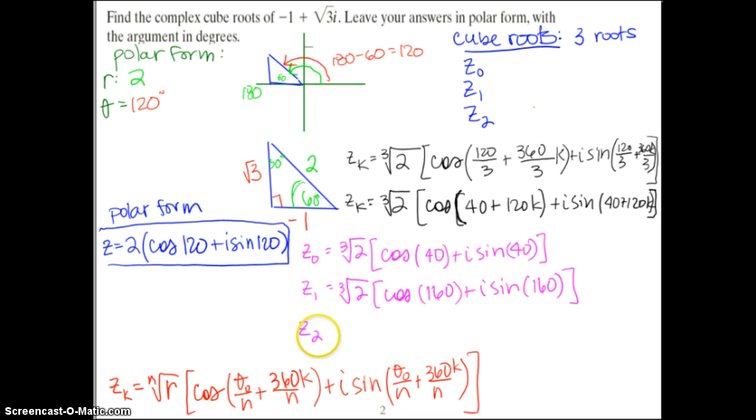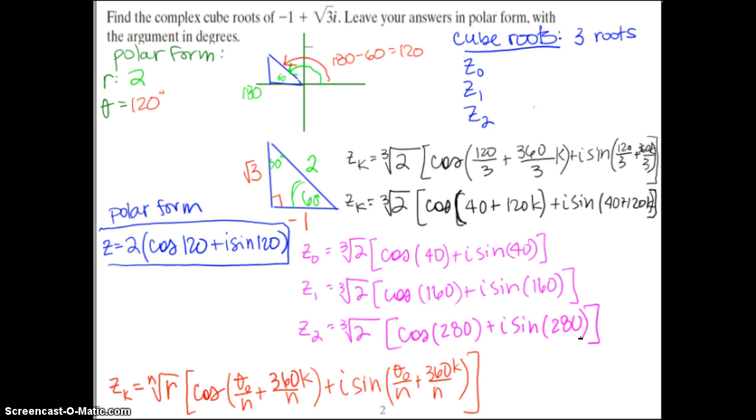And z sub 2 is going to be the cube root of 2 times cosine of 40 plus 120 times 2. So 40 plus 240, that'd be 280, plus i sine 280.